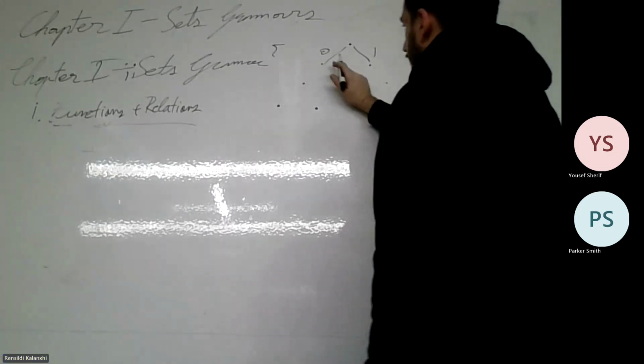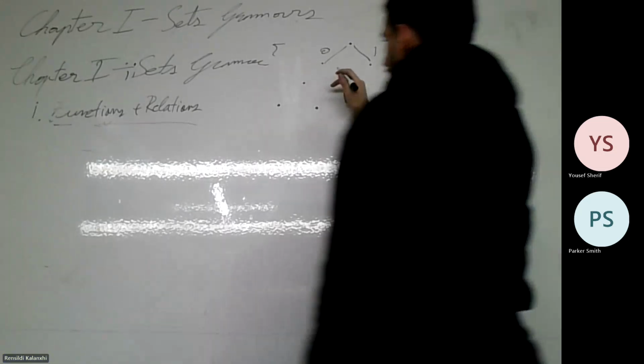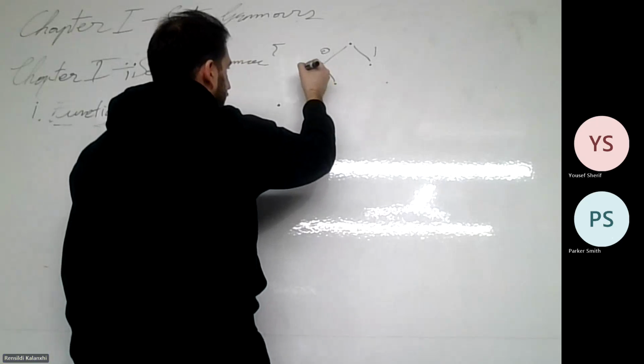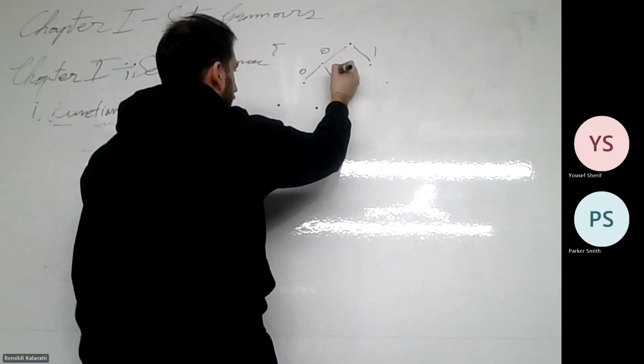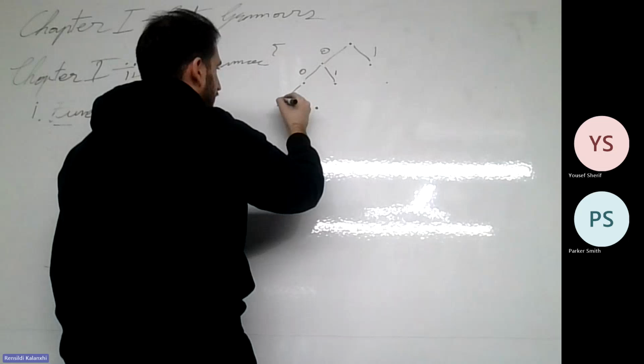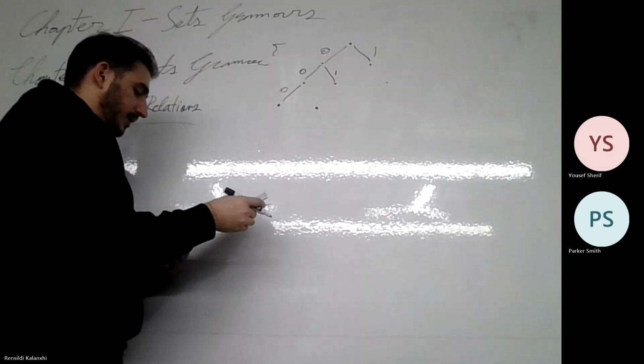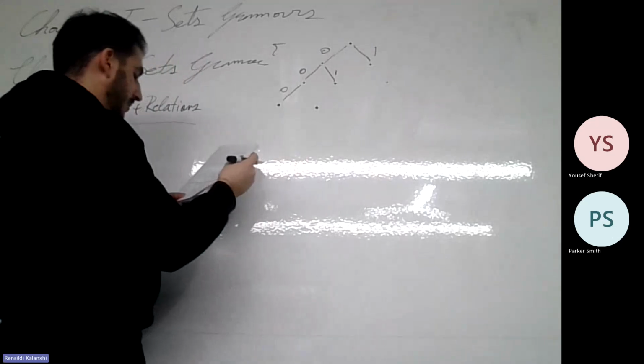If you go to 0, you're still going to decide if you want to pick 0 or 1. And if you go 0 again, it's the same thing, 0 or 1.